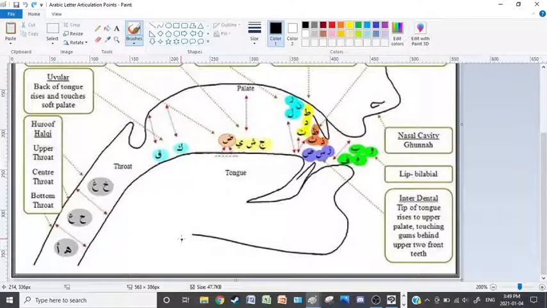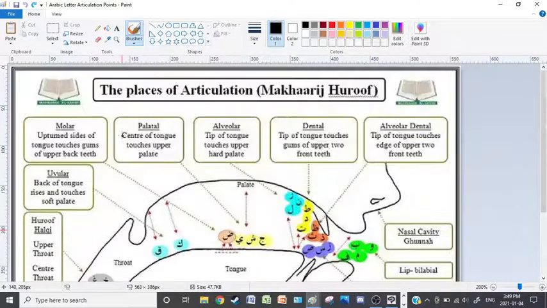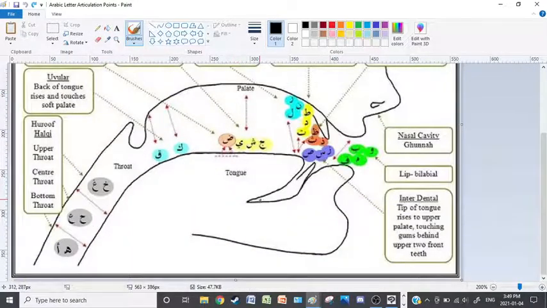I will also have this image in the description below, so do not worry if you would like it. I found this on Google image search. I simply typed articulation points or Arabic letter exits or Arabic letter articulations. You will find it there. I do not remember the source, to be quite honest. I do not claim ownership over this picture.